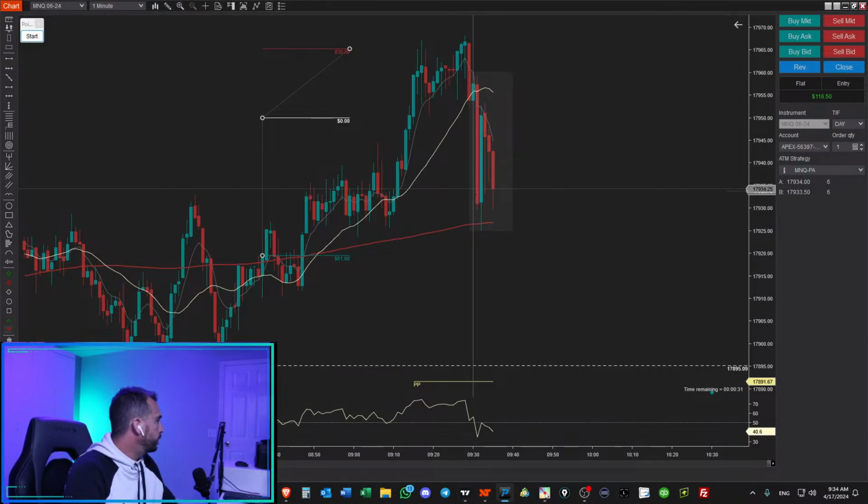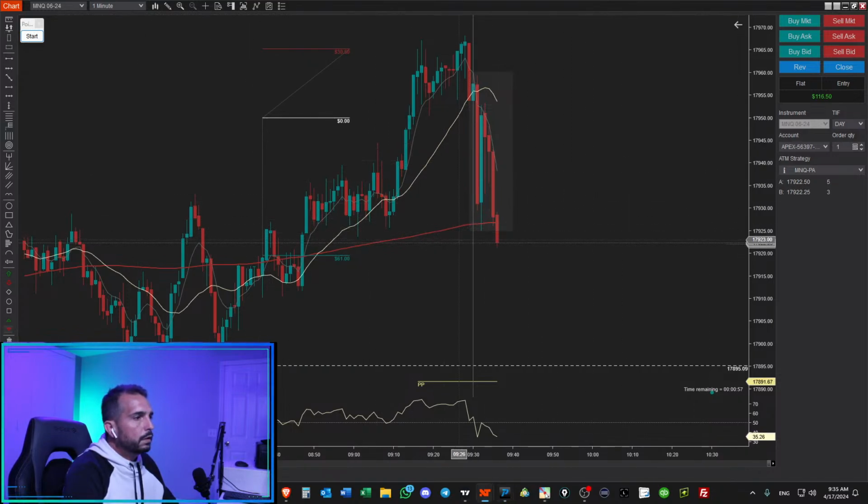Go in on the mini index again. Showing a lot of strength on the sell side. Got the break.